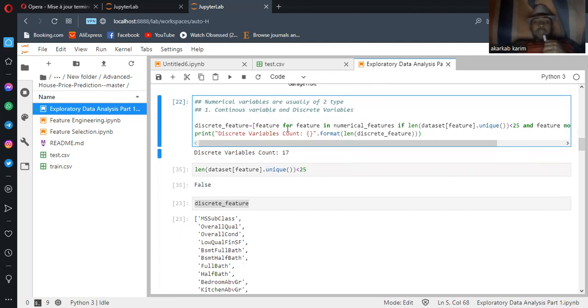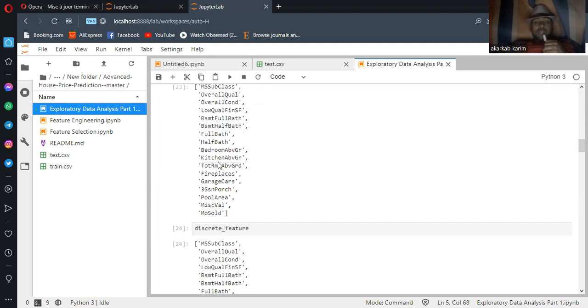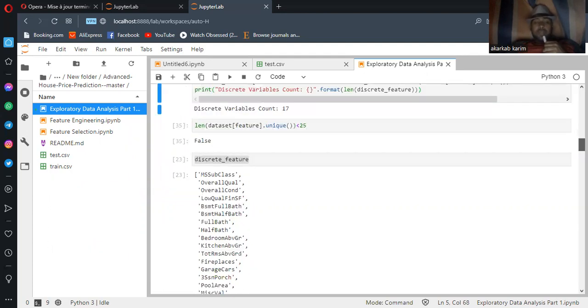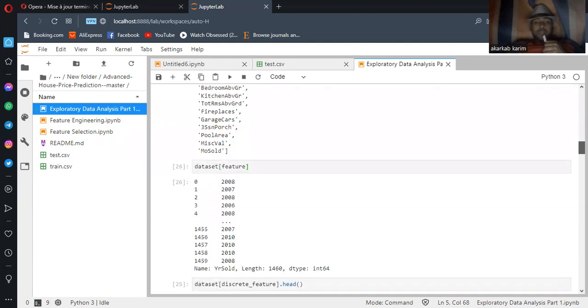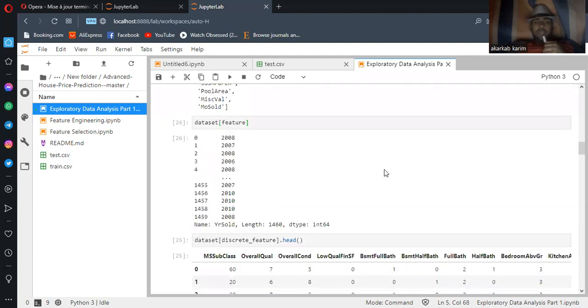This is how many continuous or discrete variables we have in this dataset. We have 70. These are all the features that respect the condition or criteria I made before. Here are the values inside these features.